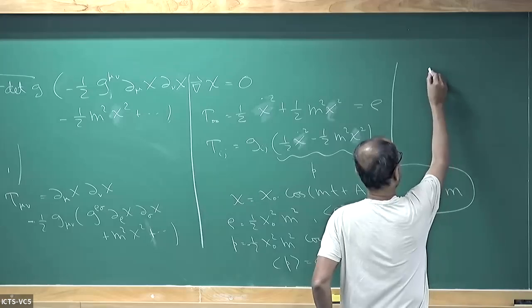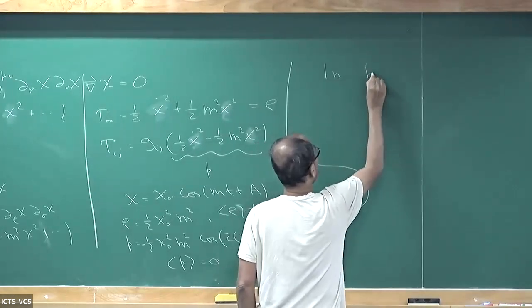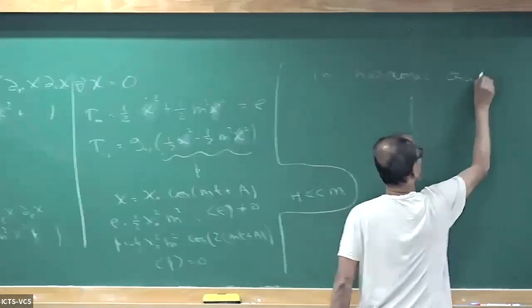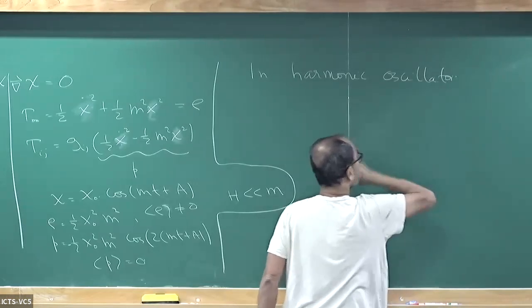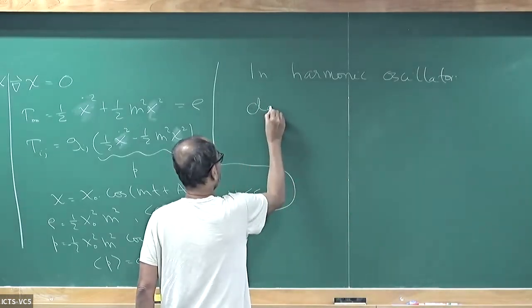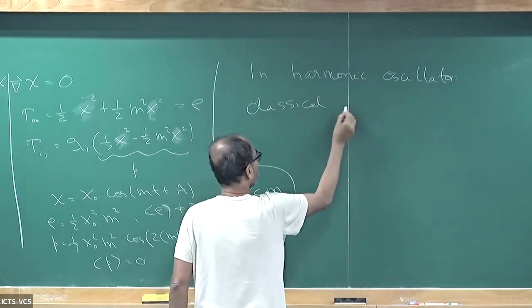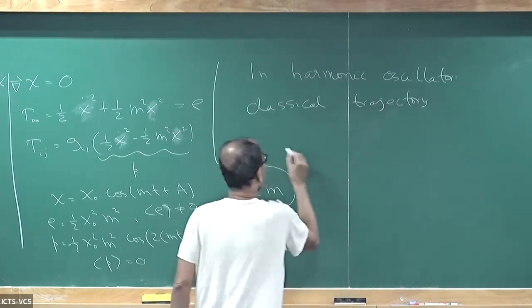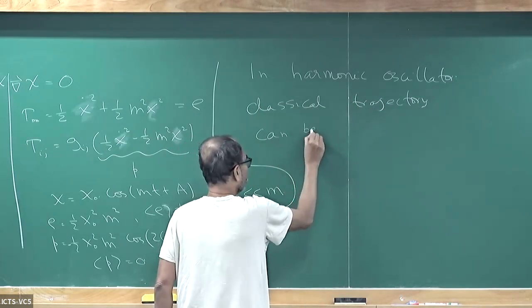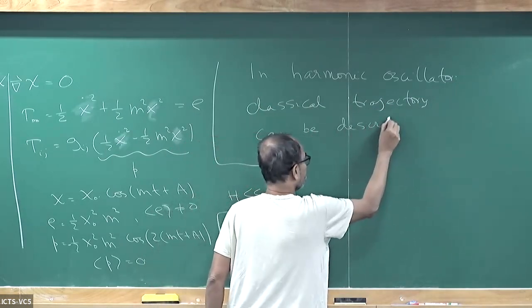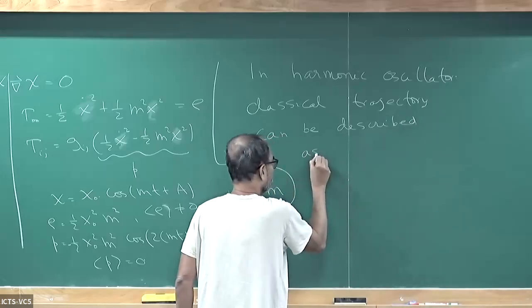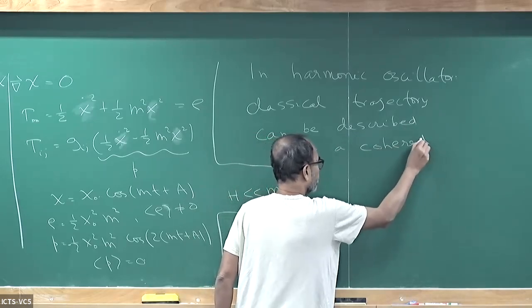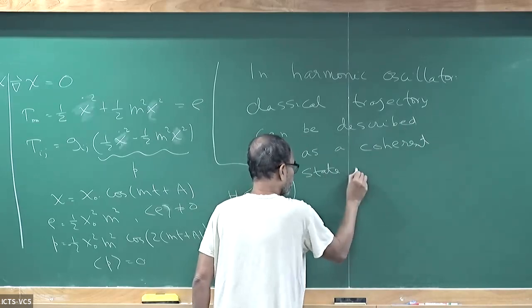But a classical motion in a harmonic oscillator can be given a quantum description as a coherent state in quantum theory.